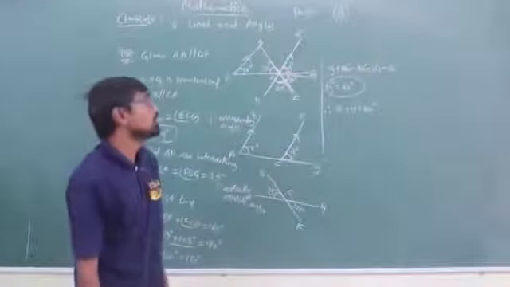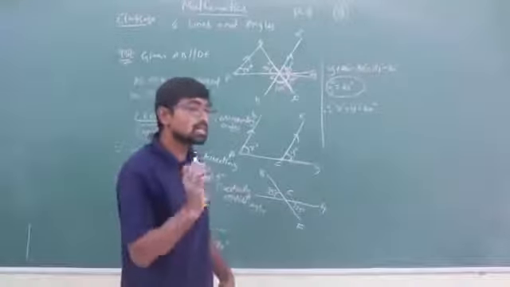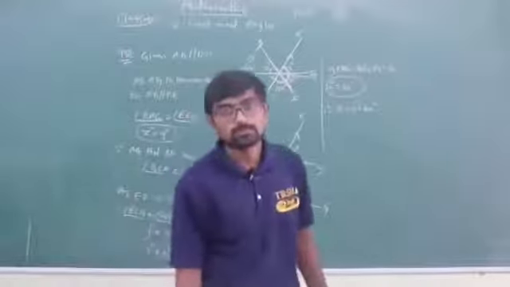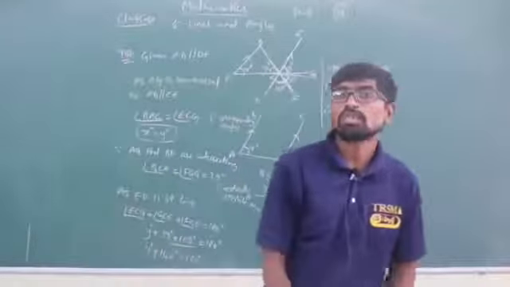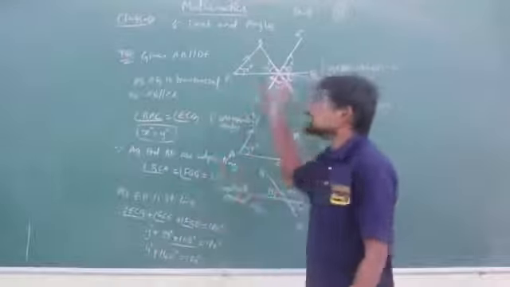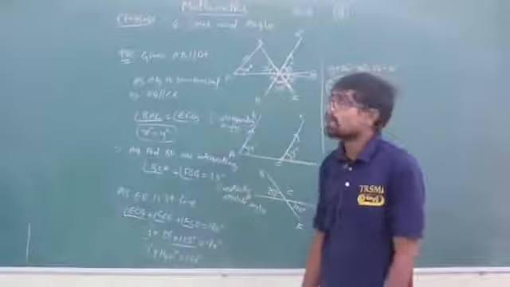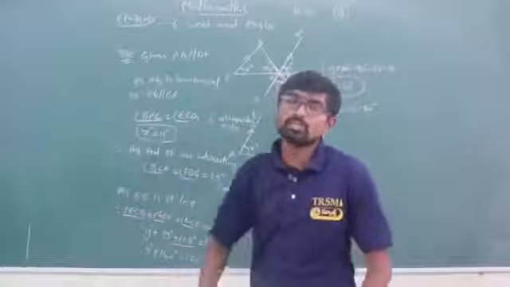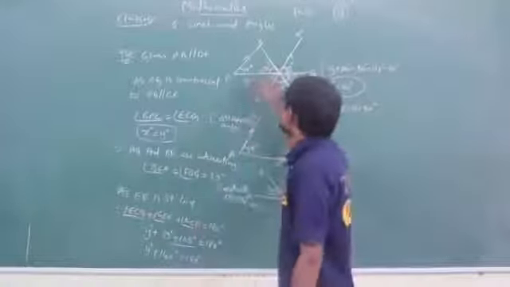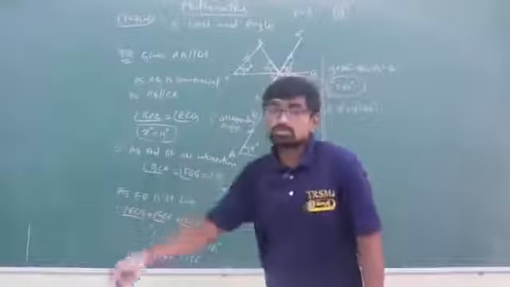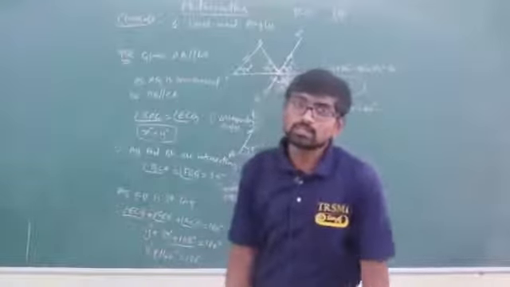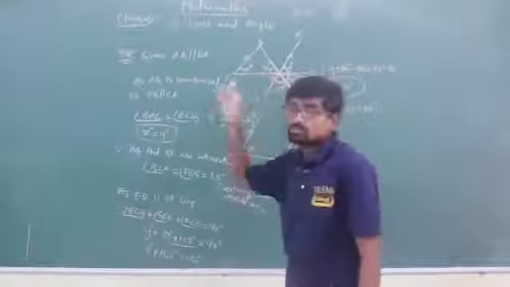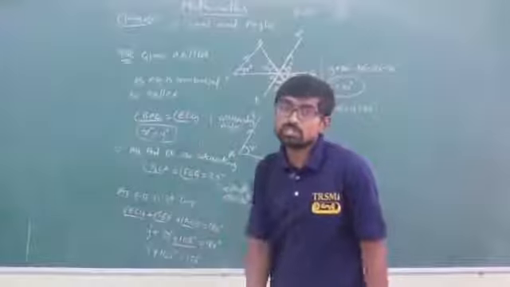So based upon what he had asked in the question, whether it is possible by straight line angle, or by intersecting lines, or by a triangle, or by interior angles, exterior angles, transversal, those points which we have discussed about transversal.